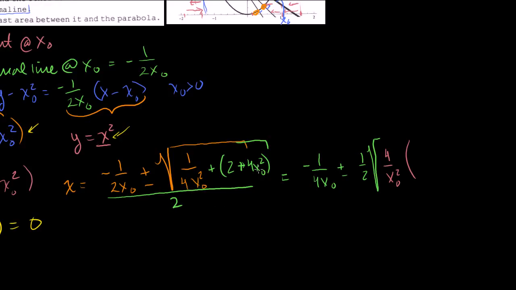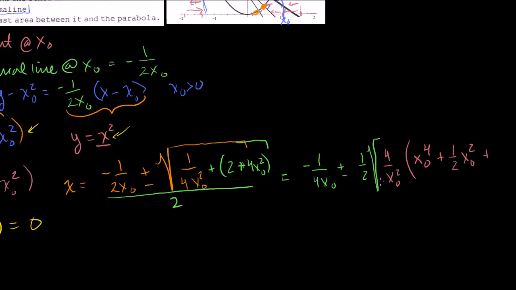This term right here will become an x naught to the 4th, plus, now what does this term become? This term becomes a 1/2 x naught squared. And just to verify this, multiply 4 times 1/2, you get 2, and then the x naught squares cancel out. So right, this term times that will equal 2.